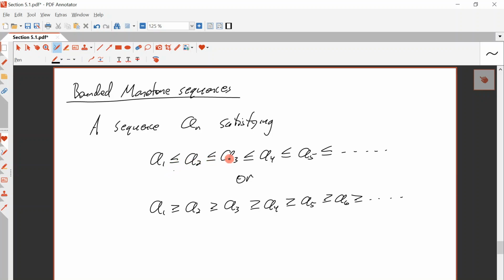This is called non-decreasing, and this is called non-increasing. You can't say that this is increasing because you could have equality at any given step. But anyway, when you have non-decreasing or non-increasing, a sequence like that is called a monotone sequence. That's a nice word.